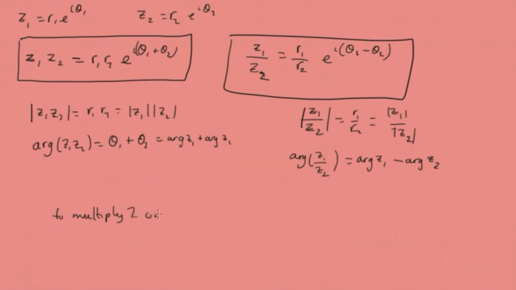So, in the exponential form, to multiply two complex numbers we multiply the moduli and add the arguments.